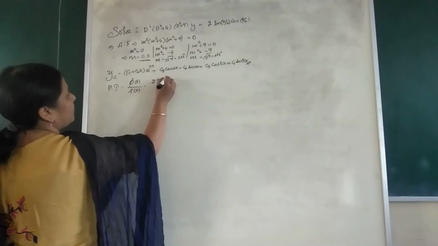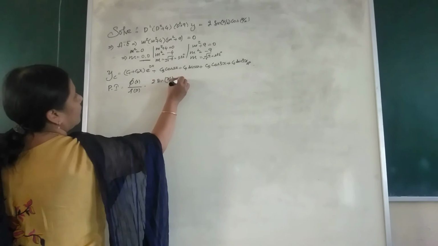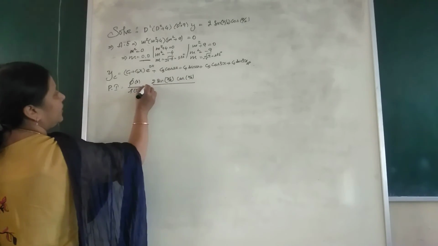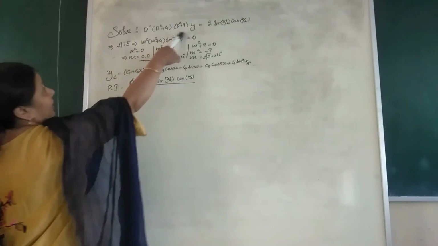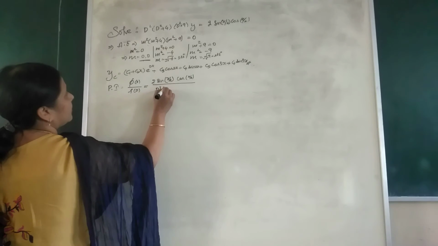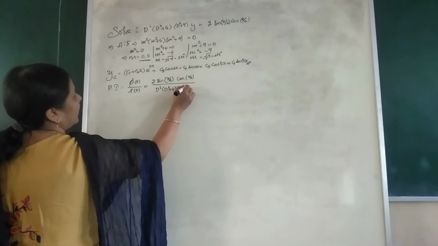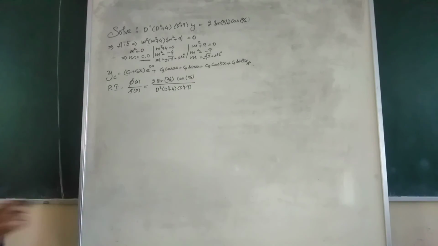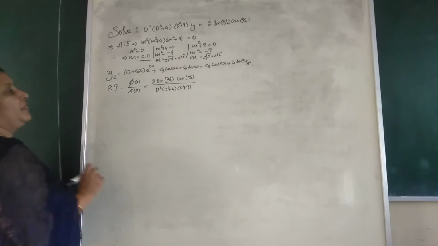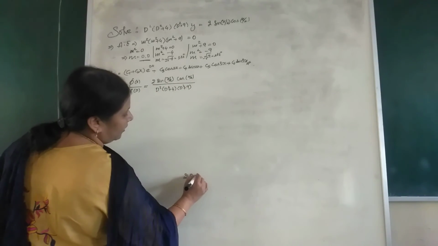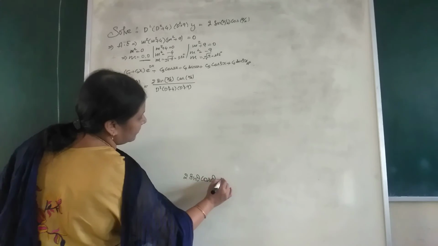2 sin x by 2 cos x by 2 whole divided by f of D. What is f of D? The entire thing we have to write: D square into D square plus 4 into D square plus 9. And every term is D square. It is also one of our beneficial parts. Anyways, coming to this one, we know that 2 sin theta cos theta is equal to what, guys?